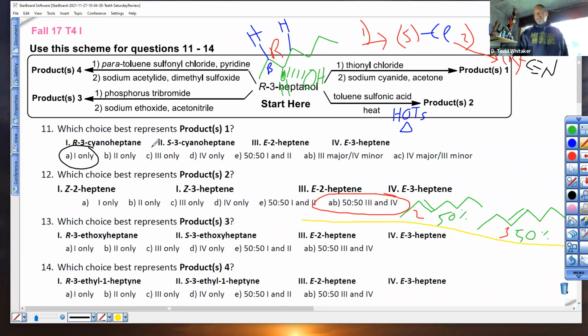Product 3. Well, step 1 in going towards product 3 converts to an S-alkyl bromide, an S stereo center with a bromine on it.